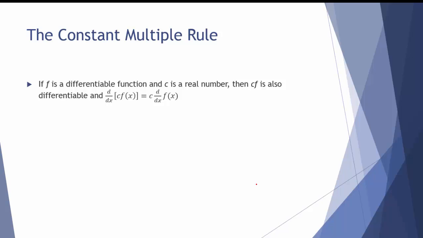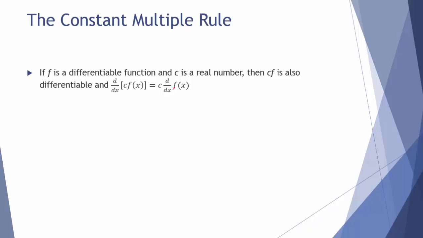The next rule we want to look at is called the constant multiple rule. And it says that if f is a differentiable function and c is a real number, then c times f is also differentiable. And the way you find the derivative, d dx, of c times f of x is that you can take the c out of the derivative and then just take the derivative of the function and multiply it times the constant.